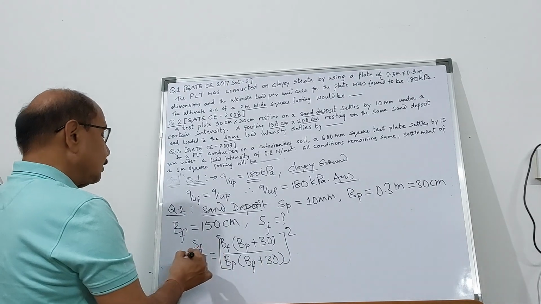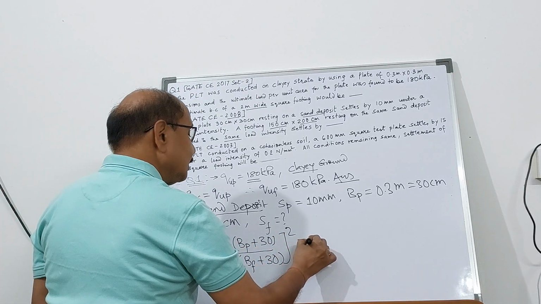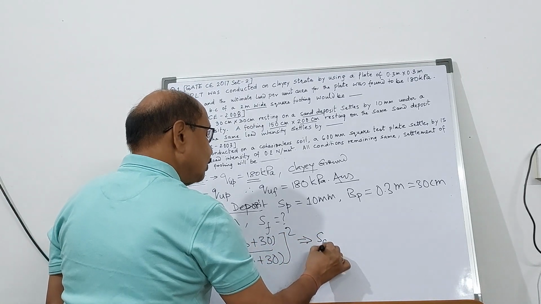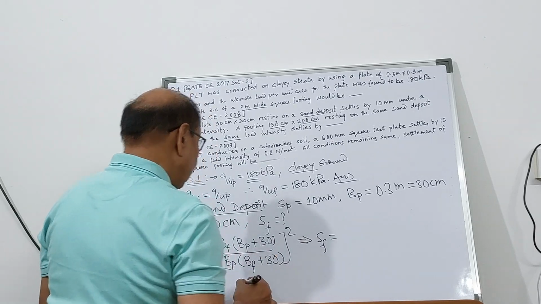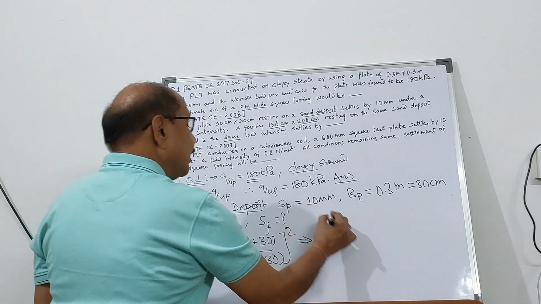So this equation implies that the settlement of the foundation equals the settlement of the plate. The settlement of the plate is 10 mm.